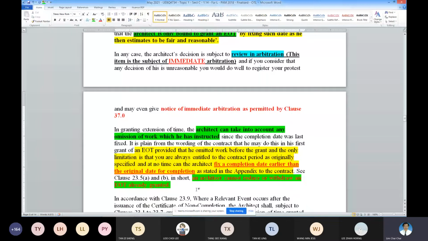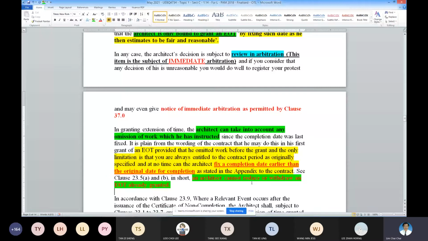Then extension of time number 3, the architect says, okay, with this extension of time number 3, I want to re-evaluate extension of time number 1 and number 2. 40 days become 30 days and 20 days become 10 days under your EOT number 3. That is not possible. Once it is granted, you cannot reduce or withdraw that extension of time.